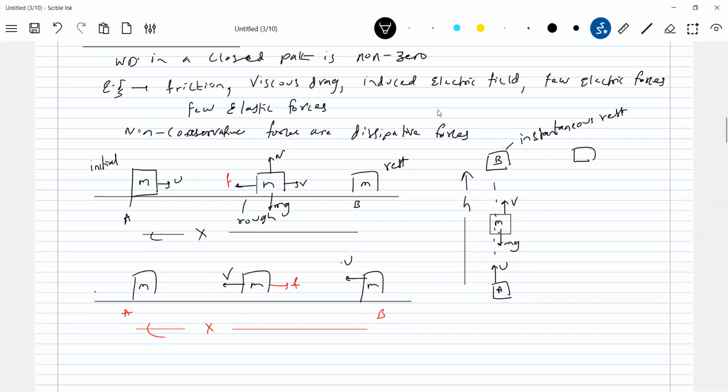So again, the block, because of weight, starts descending. Now when it returns back, it will have the same speed, v naught, I'll write it.